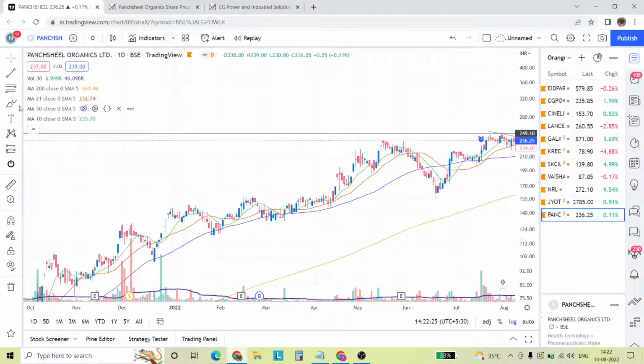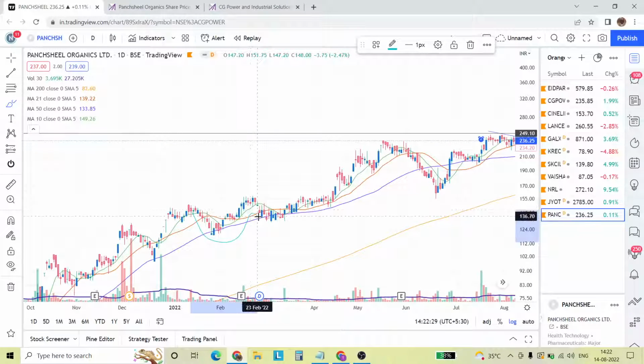Another contraction, if I want to show you, it is over here. First contraction, second contraction, third one really tight. So every subsequent contraction is tighter than the previous one. There's a big contraction, smaller contraction, literally a very small contraction. The price is so tight now.